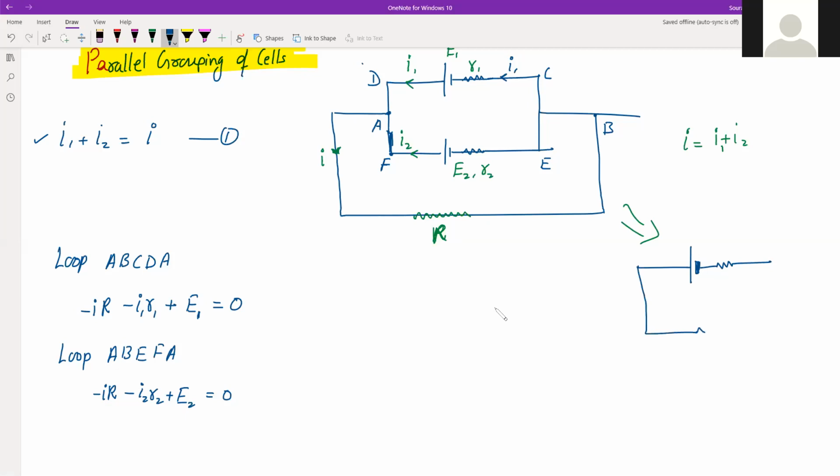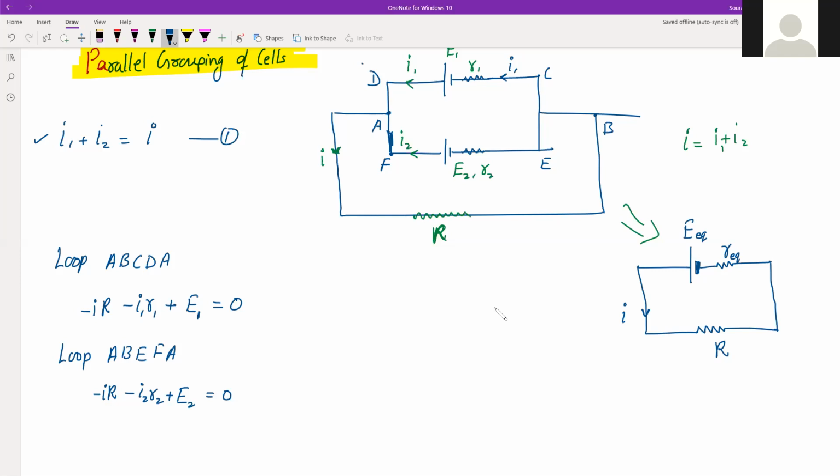There will be this external resistance R, and if that external resistance R is connected, the current through this should be equal to I. Sorry, this is E equivalent, that is EMF, and the internal resistance will be R equivalent.